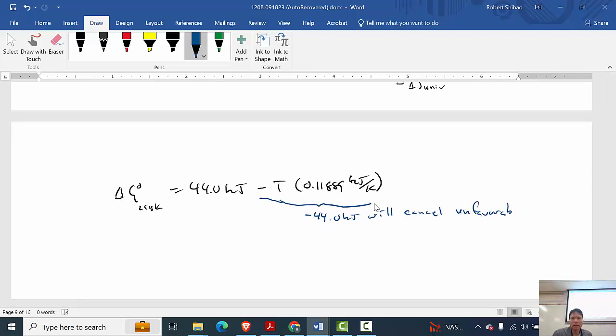And if I can make this even bigger, that is more negative, like negative 45 kilojoules, then the whole thing will go negative. And so to cancel this out, I'm just going to set it equal to 0. That means I'll have a positive 44 and a negative 44, and then solve for T.